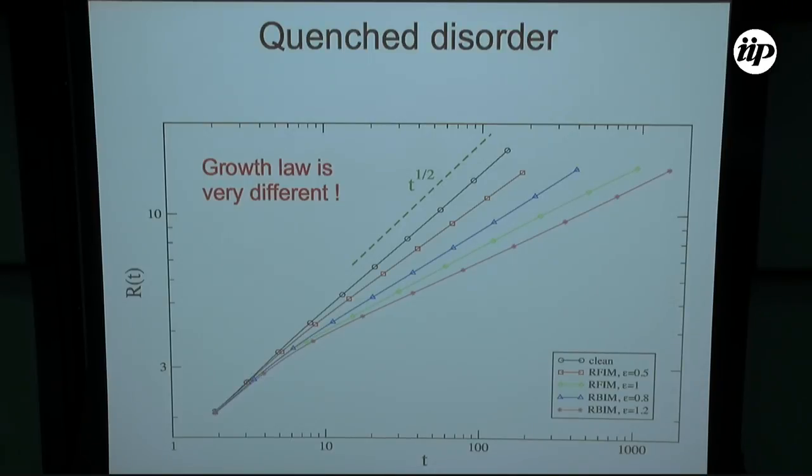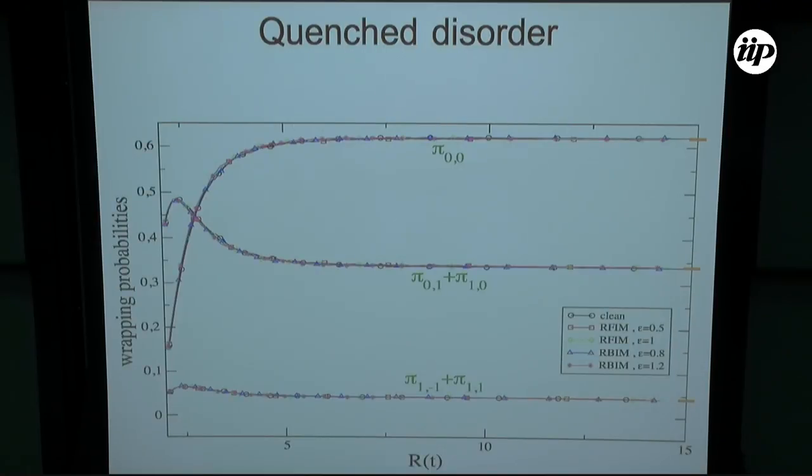But despite this, if you look at the things that I showed you before for the pure system, starting with the first one, the wrapping probabilities, the spanning probabilities, they happen to be exactly the same, provided you plot them in terms not of time, but of the typical size of the domain at that time.